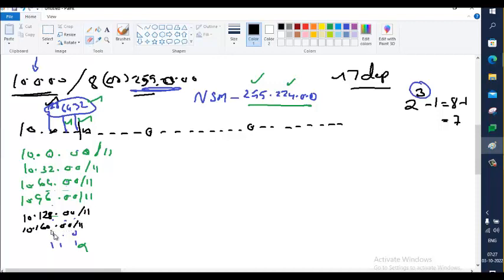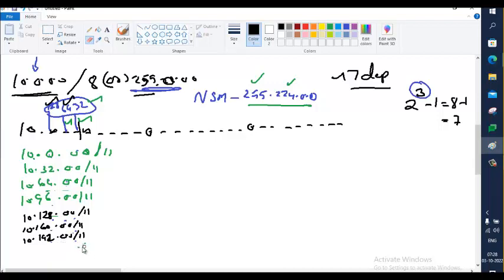Next, 128 plus 64, which is 192. 10.192.0.0/11.